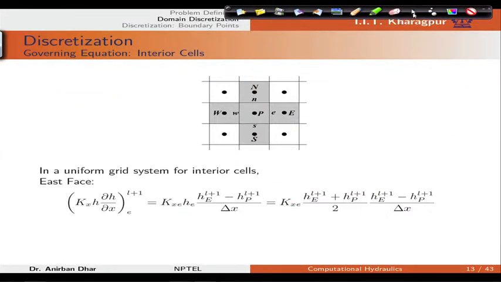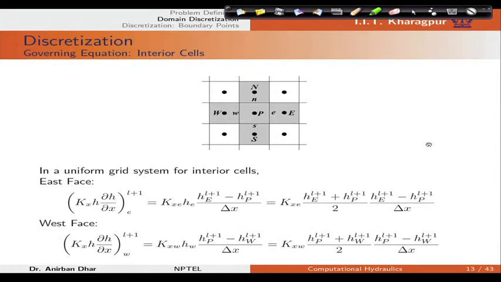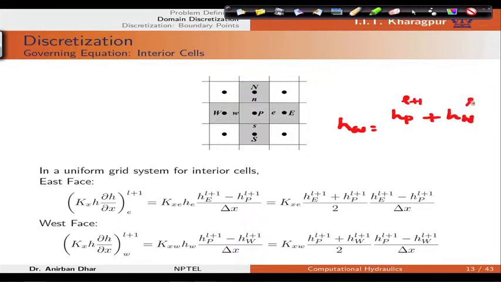Now, let us see what is the situation for west face. West face is again similar. We will consider h w as h P l plus 1 plus h W l plus 1 divided by 2, and for this derivative we already know that del h by del x at western face is h P minus h W divided by delta x.